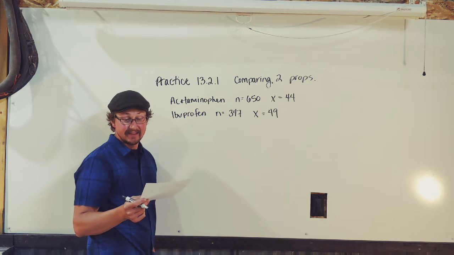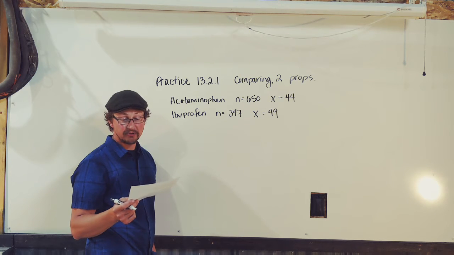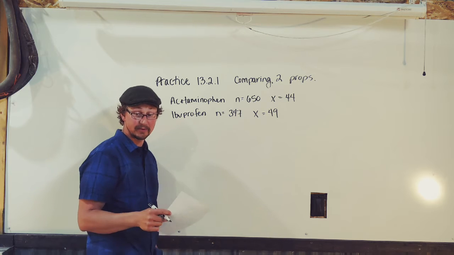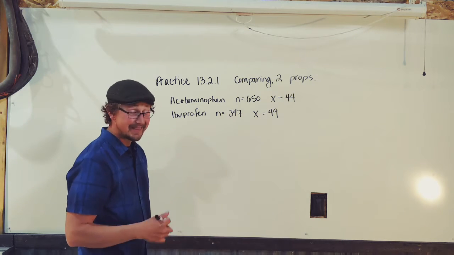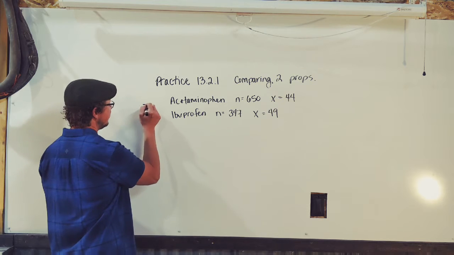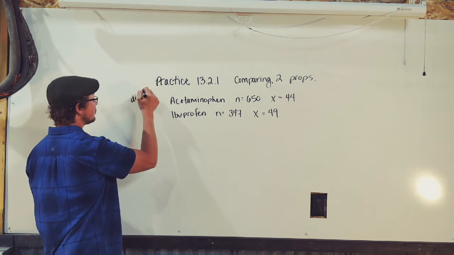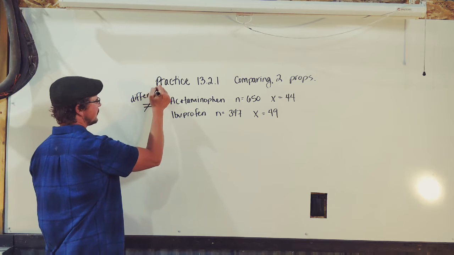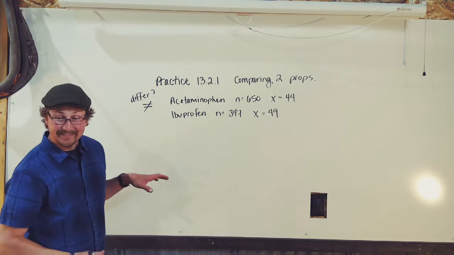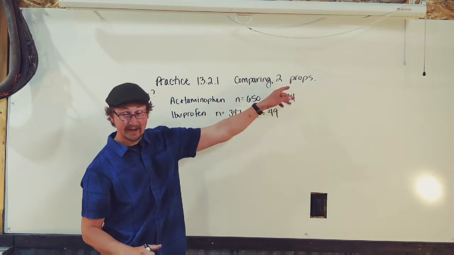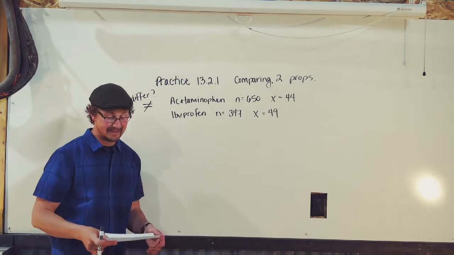We want to assess the evidence that the two pain relievers differ in the proportion of people who experience adverse symptoms. So not that one is greater or less than another, but simply that they differ. So I'm just going to put that not equal to off to the side, that's what we're interested in. Do they differ? Okay? So we see right out of the gates that we're dealing with proportions, right? We're comparing two, so this is going to be a two-proportion z-test.